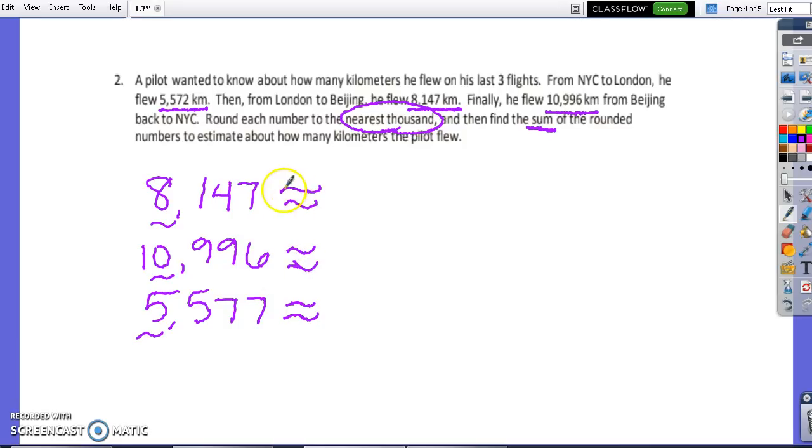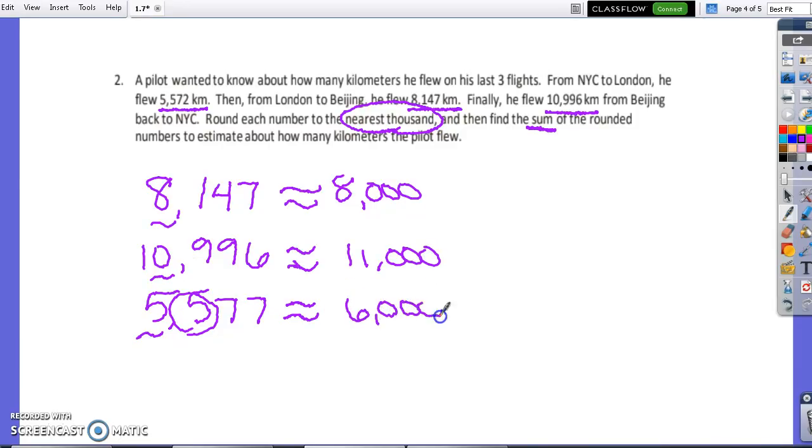So it's like saying it's about this much. So if I see this 8, I'm going to look over to the 1. If I'm rounding it, it's going to say rounded down. So rounded to the nearest 1,000, that's 8,000. I have a 0, but I look over and that 9 is going to round it up. So I have 11,000. And I have a 5. I look over here. This 5 tells me I'm going up, so it's going to be 6,000.